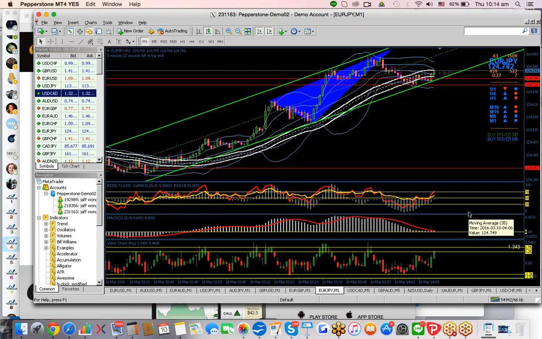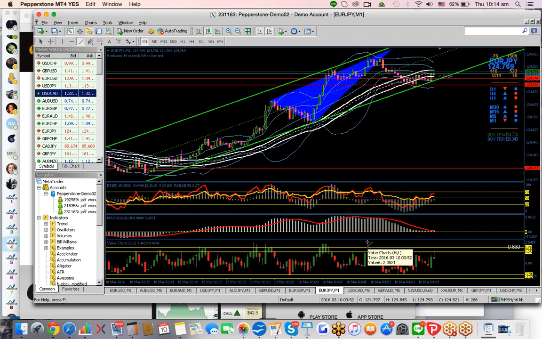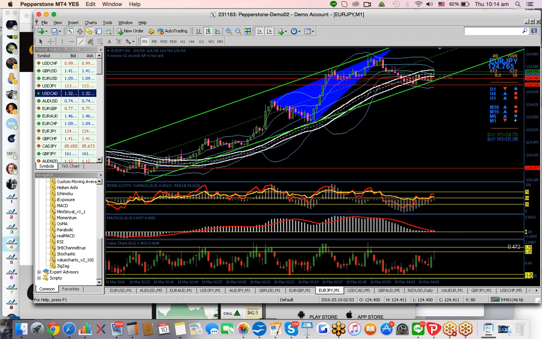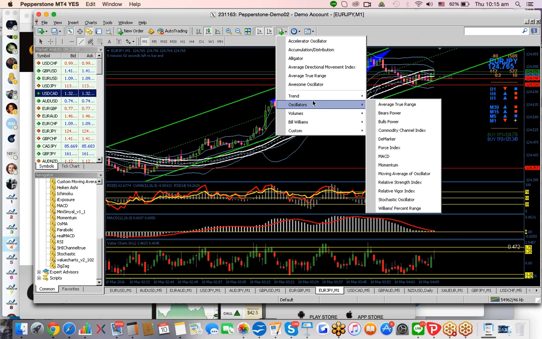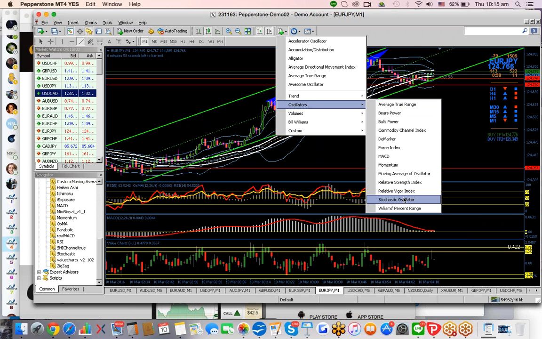So at this point, looking at the indicators is when we can get some comfort, such as looking out for the MACD to cross to the bottom side. Sometimes I do like to check out the stochastics as well. I might bring that back in.